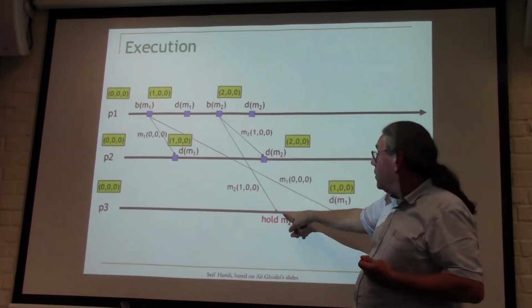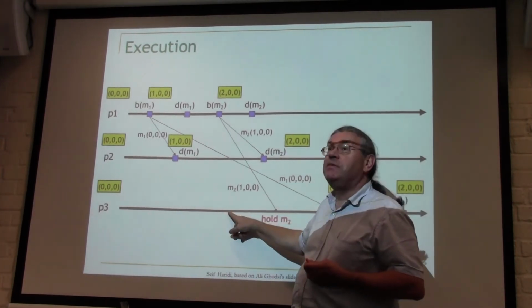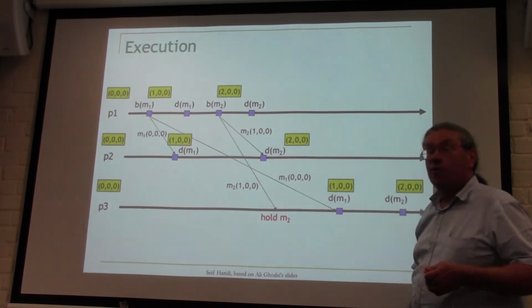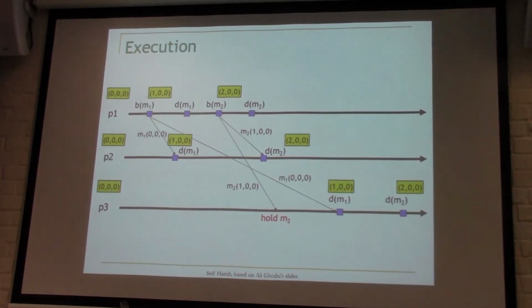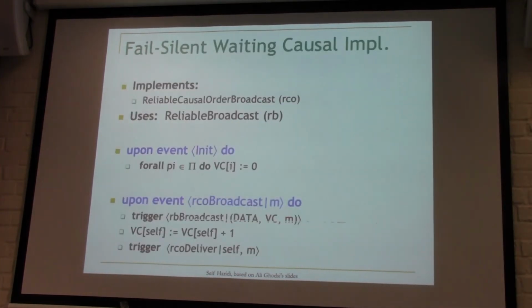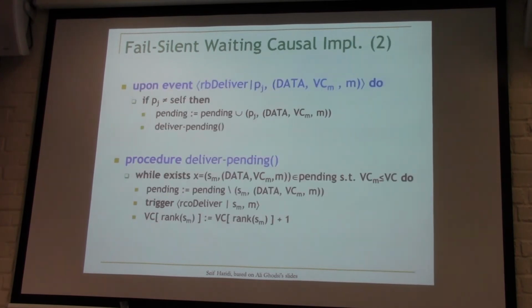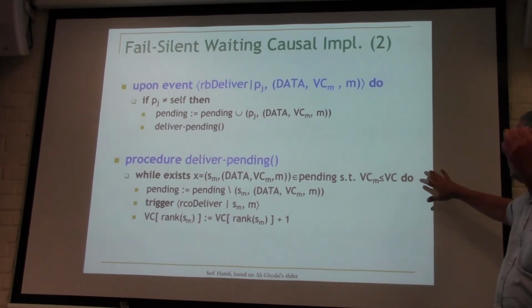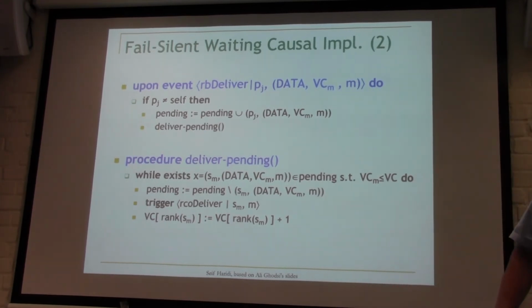When M2 is delivered, then M3 can be delivered. There might be a whole bunch of them, M4, M5, M6. So it's a kind of fixed point computation. It keeps going until there are no more possibilities, because it might be a long chain of them. See how it works?